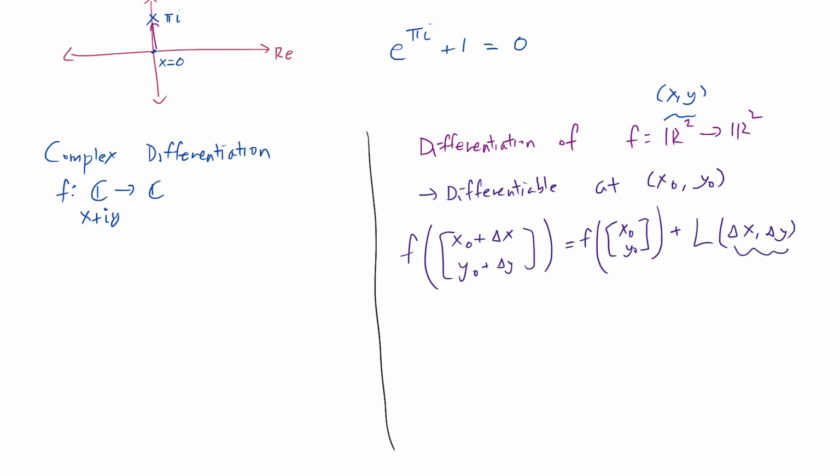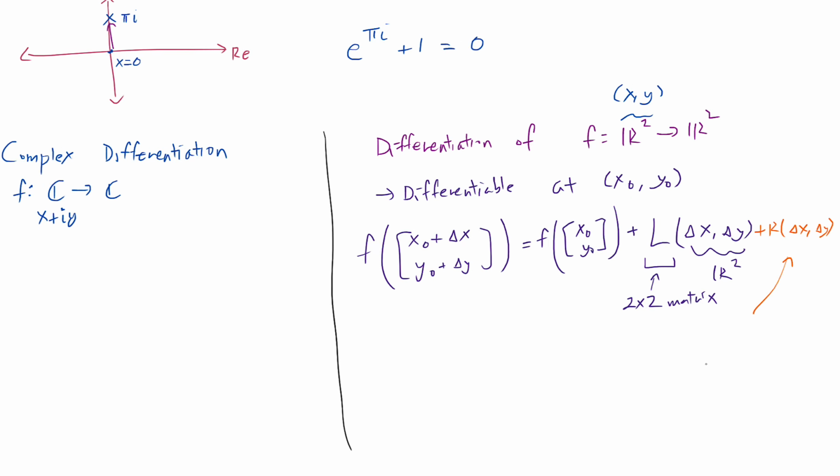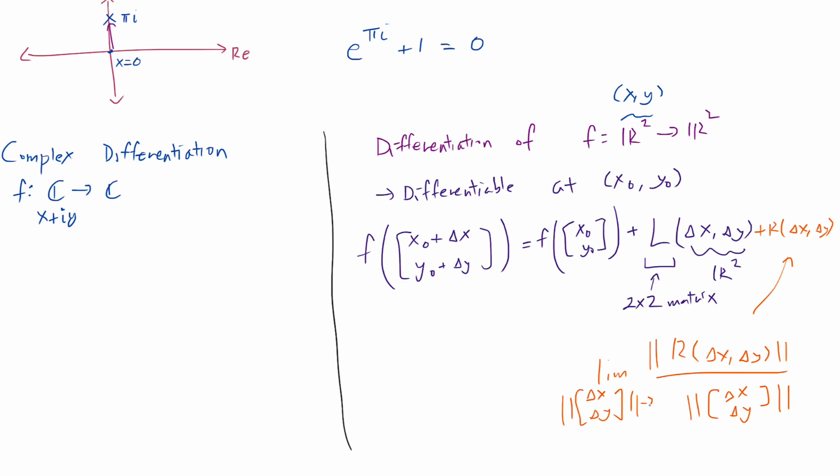You can think of this as a 2-vector in R2, and this linear transformation is essentially a 2x2 matrix. And then there's a remainder term with sublinearity: if you look at R of delta x, delta y and divide by the length of the delta x, delta y vector, then when you take the limit as this norm goes to 0, this entire thing goes to 0 as well.